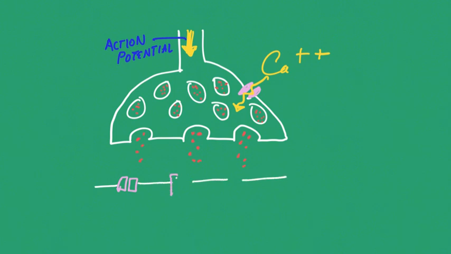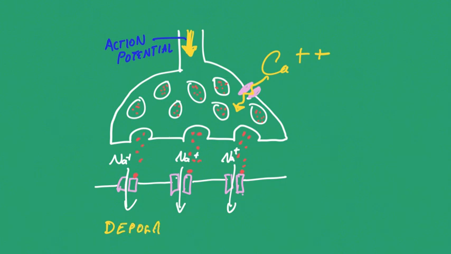The neurotransmitter then diffuses across the synaptic gap and finds its receptor on the postsynaptic neuron. These are ligand-gated sodium channels, and so when the channels open, sodium rushes in, bringing positive charges into the postsynaptic neuron, thereby depolarizing the postsynaptic neuron.